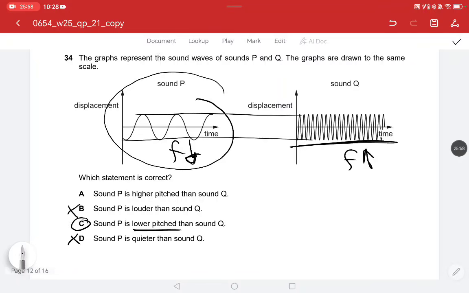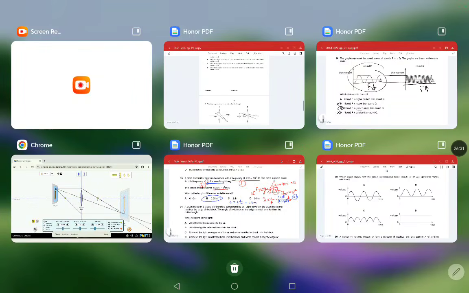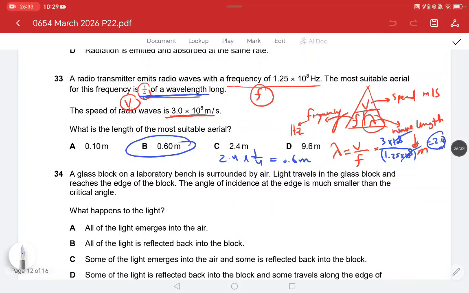Not only this one, you should also know refraction and how to find the angle of incidence or angle of refraction, how to find n, the refractive index, and what else? Yeah, those types of questions. Not only reflection and refraction, we also have diffraction. So you should know this one as well in multiple choice.